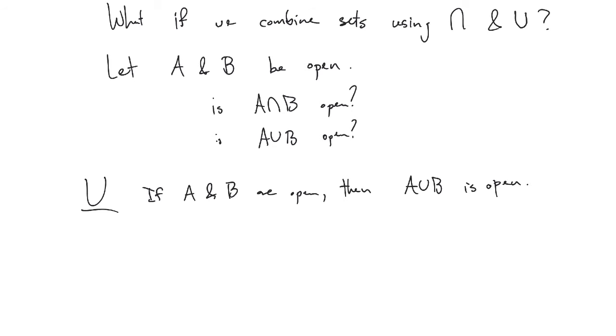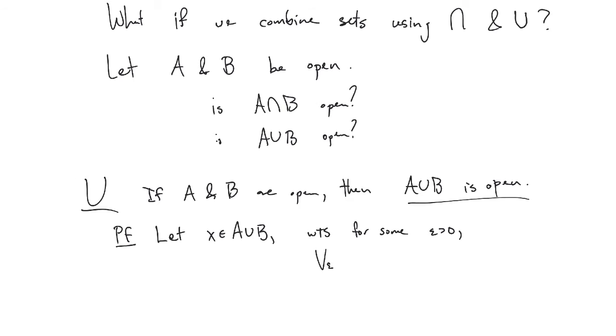I want to see if we can do a simple little proof of this. We have to demonstrate that A union B is open. So what I want to show is, well, you have to do it like this. Let X be in A union B. Then I want to show for some epsilon greater than 0, V epsilon of X is a subset of A union B, right?